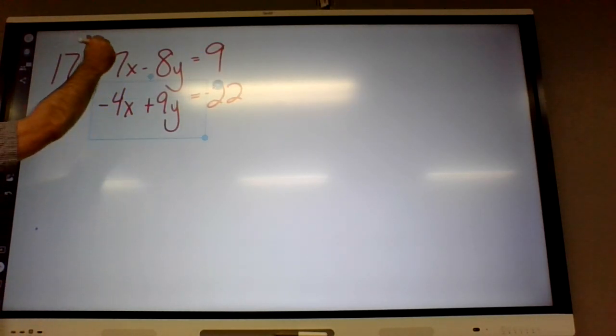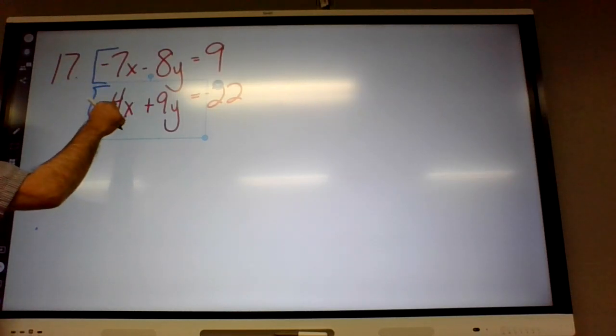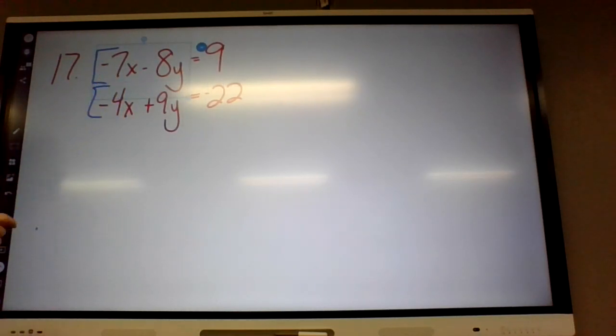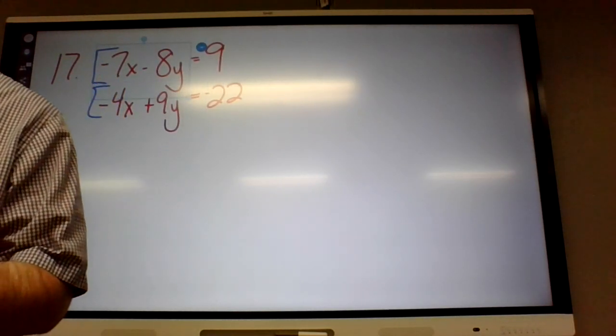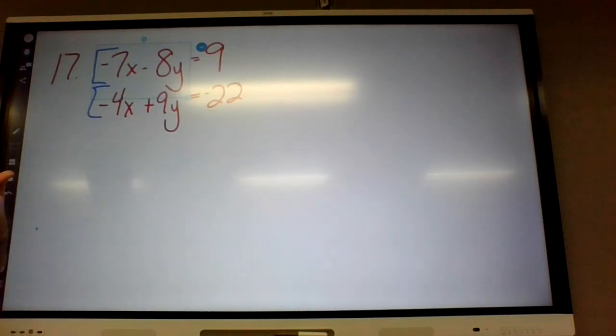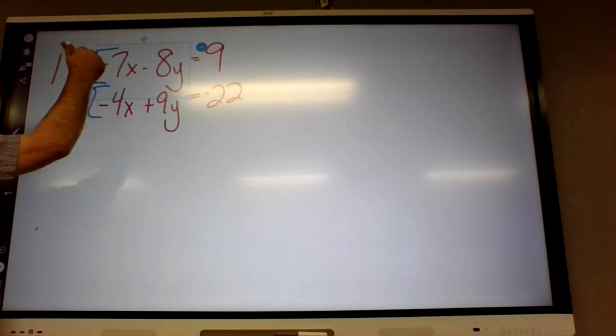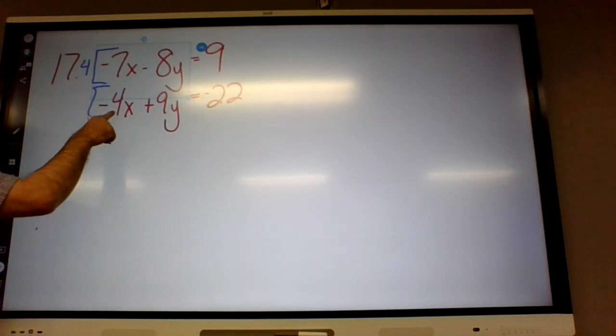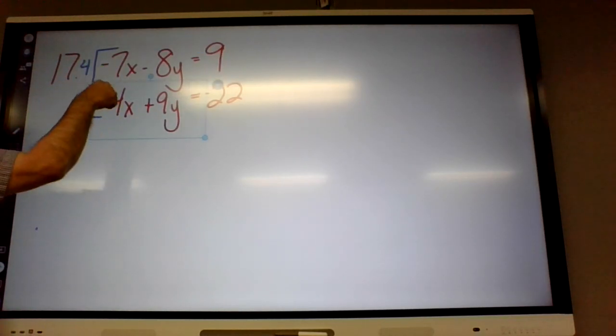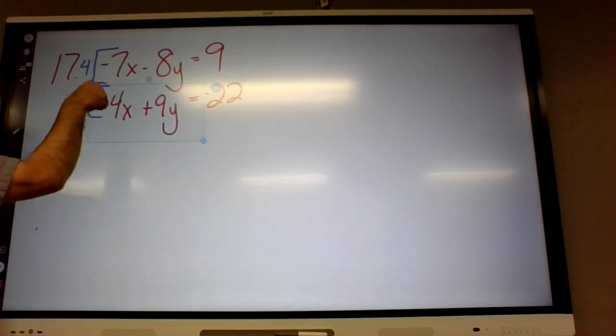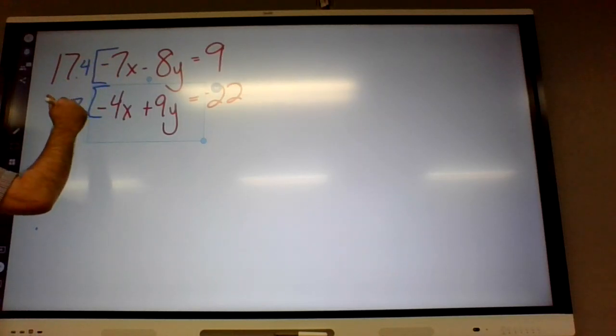So 4 doesn't go into 7, but what do 4 and 7 go into? 28. So how do I turn this into a 28? 4. How do I turn this into a 7? You can just do 1 times 4, 1 times 7.